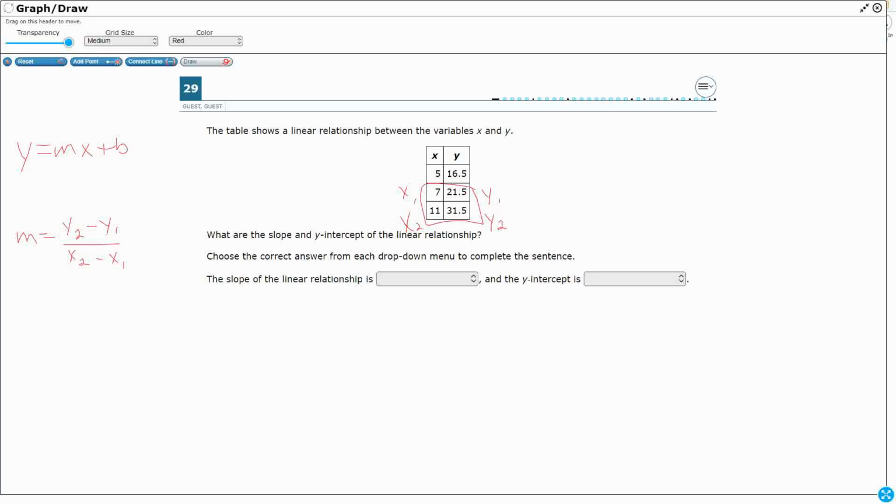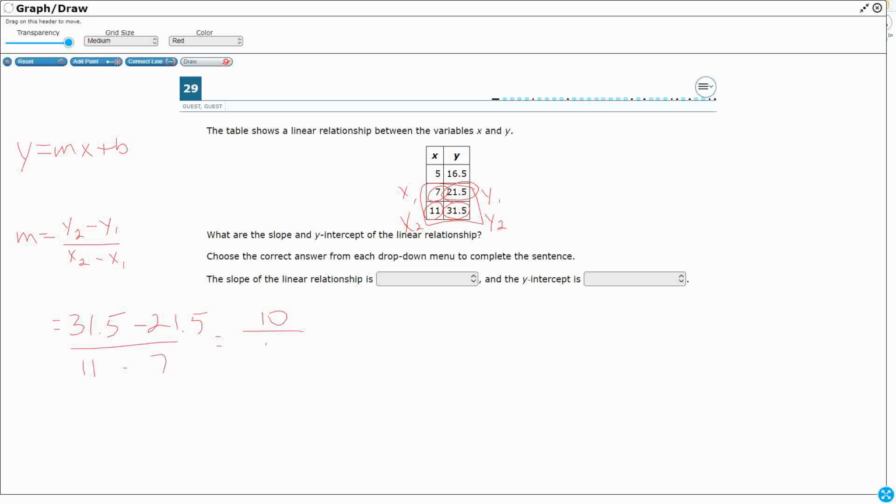So let's put our y2 is 31.5. And then our y1 is 21.5. So one of those two, because those look like those are going to be easy to go ahead and subtract. That's going to be 10. Now let's get our x's. X sub 2 is 11. And then x sub 1 is 7.